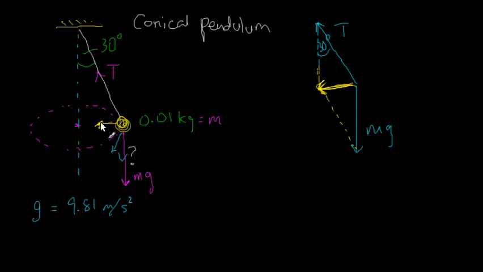It is the resultant of those two forces, and it must point towards the center of the circle, which means that it must be horizontal. And if it's horizontal, then this must be a right angle. That's a right angle. That's a right angle.